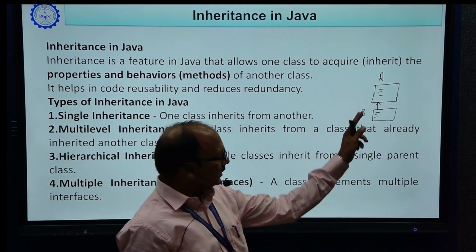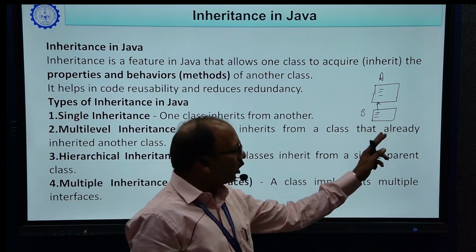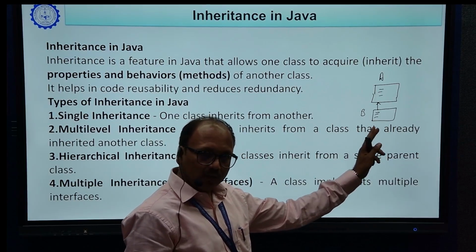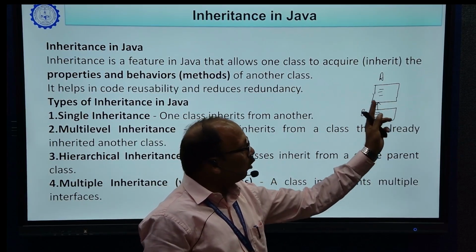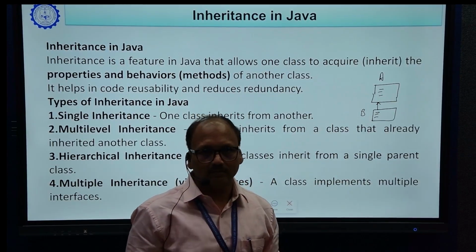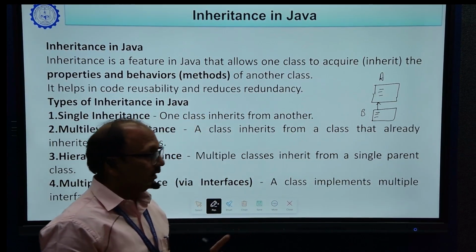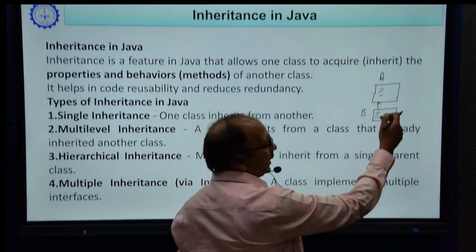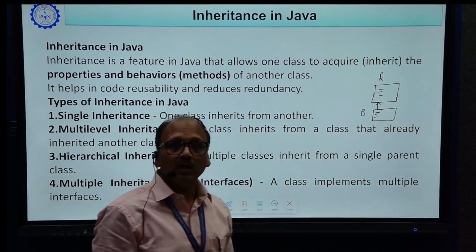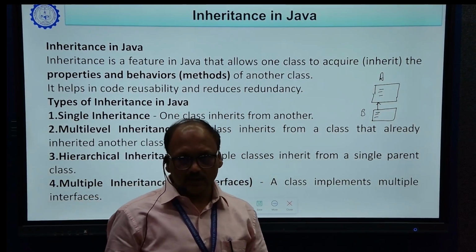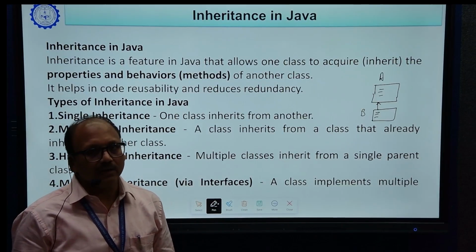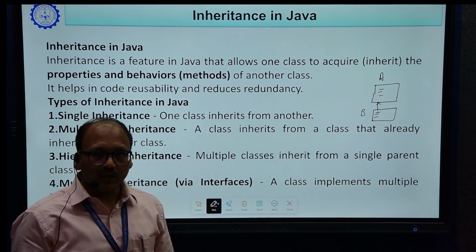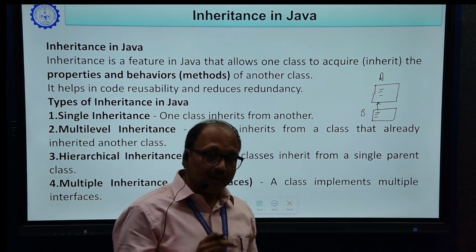That means all the objects of class B can acquire the properties of class A, right? But there must be a hierarchical relationship, a parent-child relationship between these two classes. So inheritance is a mechanism by which an object of a class can acquire the properties of another class derived in a hierarchy.